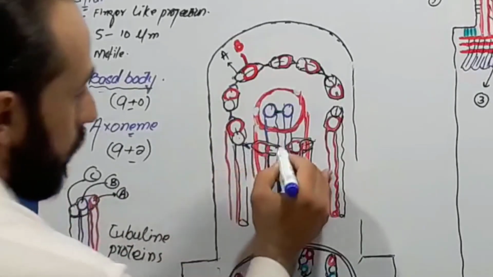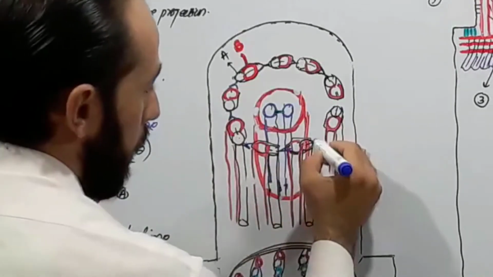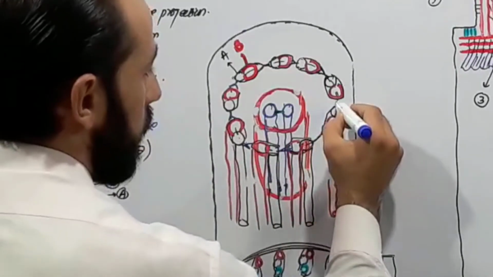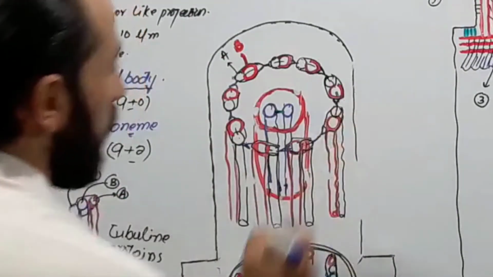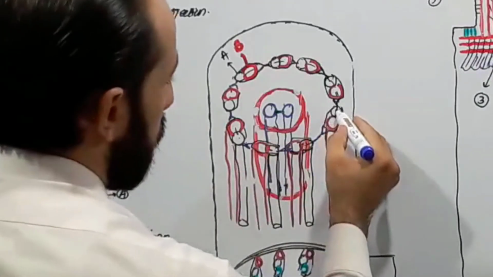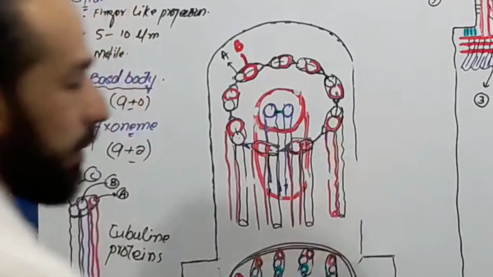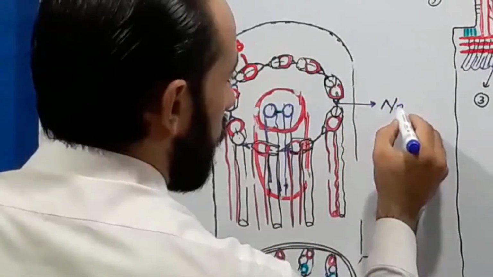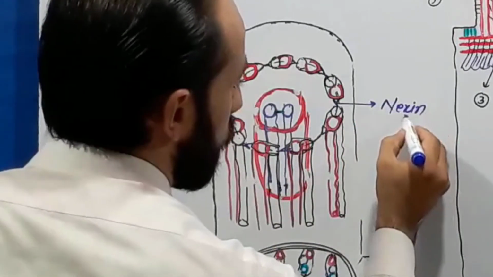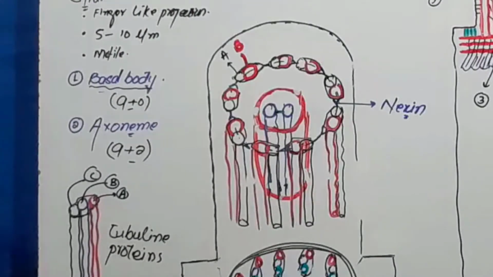These proteins hold the A component of one doublet to the B component of the other doublet, and this is called the Nexin protein, a very short protein.